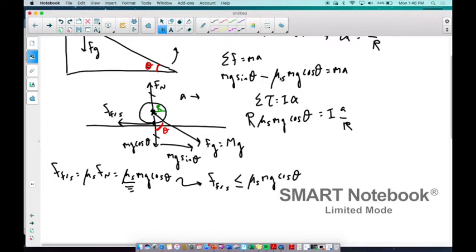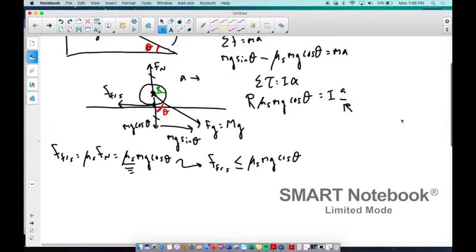I know that if mu s is too large, then all this will fall apart. I know that I need my frictional force to be smaller than some value. So I want to know what is the minimum mu s that I need in order for this thing to roll without slipping. So that's one question I could ask. In other words, I just need to solve for mu s.